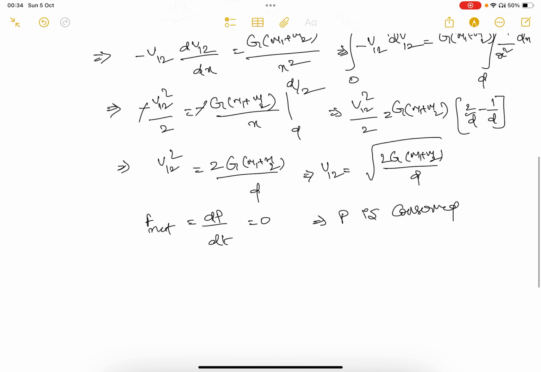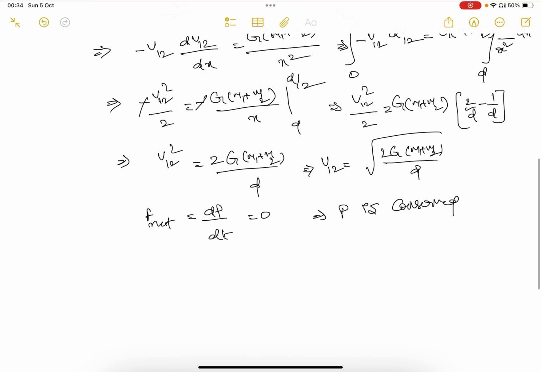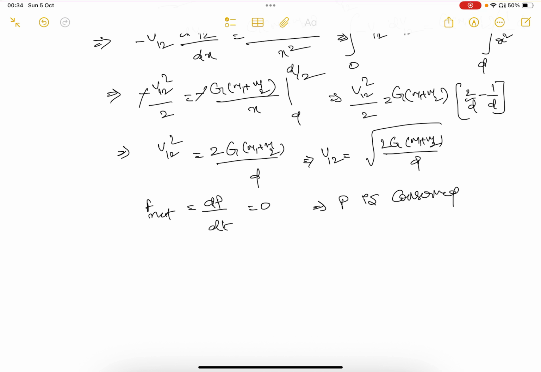The momentum at the beginning and the final will be the same. Then m1 u1 plus m2 u2 equal to m1 v1 plus m2 v2. This is m1 u1 bar plus m2 u2 bar is m1 v1 bar plus m2 v2 bar.